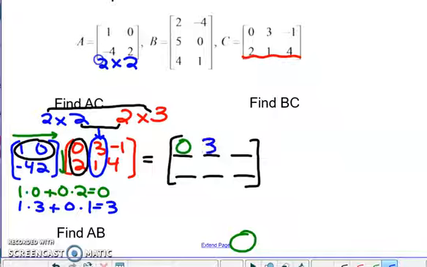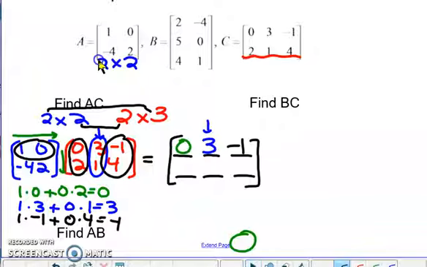If I go first row times second column, it's going to go in the first row, second column spot. Another one here: first row times last column. So 1 times -1, 0 times 4 gives us -1.